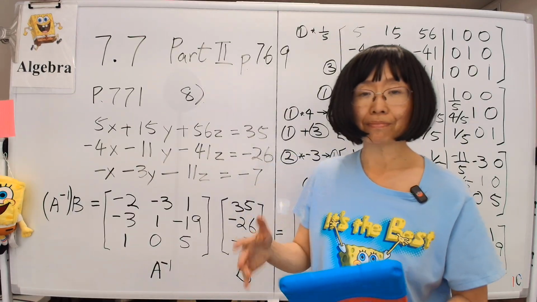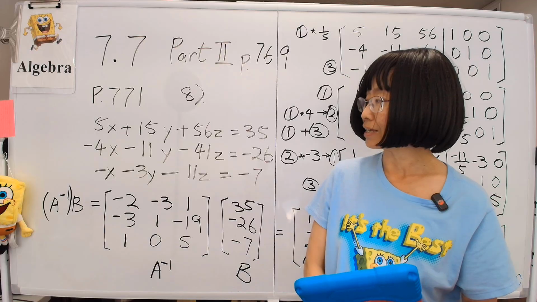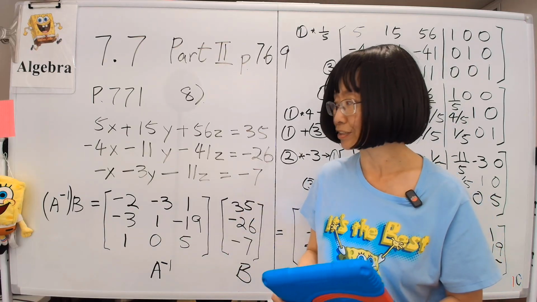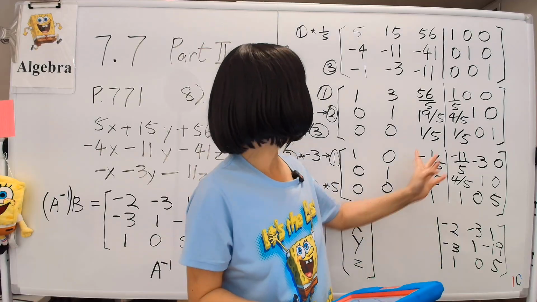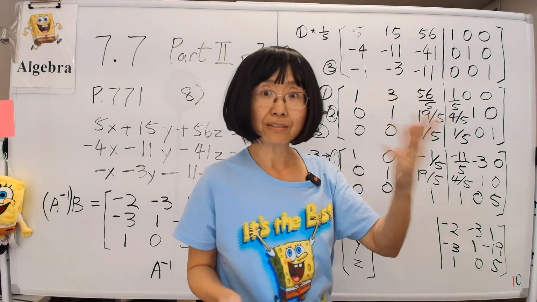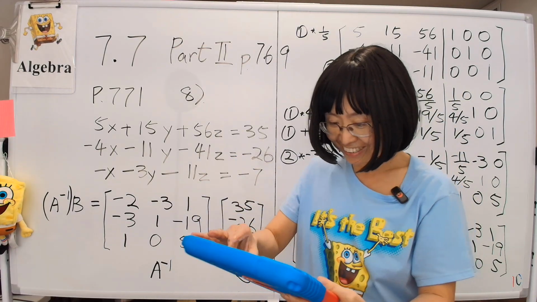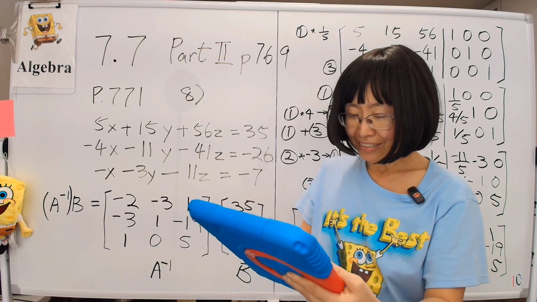Multiplying A inverse with A is just a checking step, because if A inverse and A multiplied together don't become the identity matrix like this, then you know somewhere you messed up.